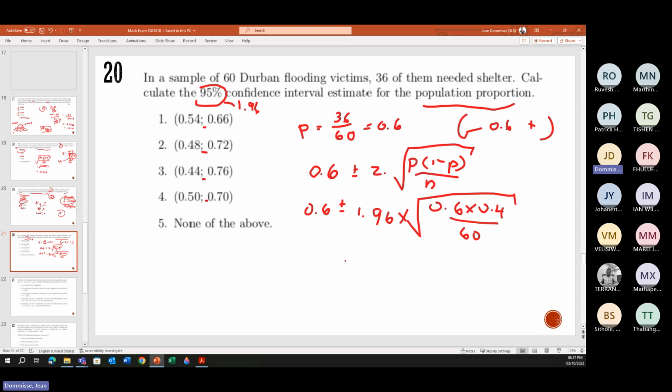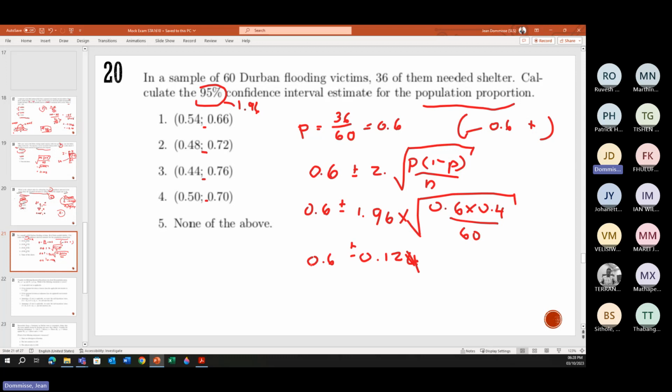When I multiply that out, I get plus minus 0.124. Already here you could have said I'm only working with 2 decimals, so round it off to 2 decimals, also fine.